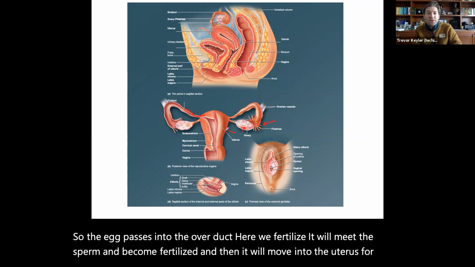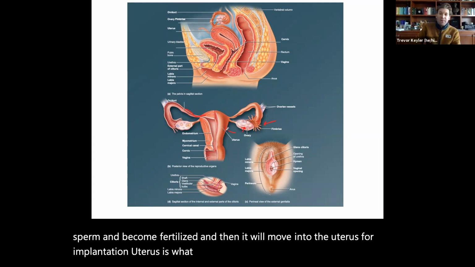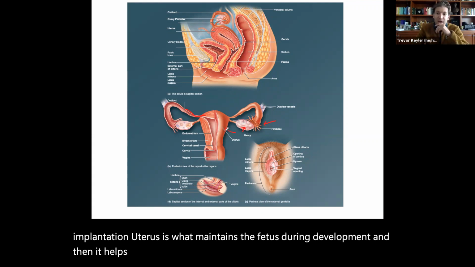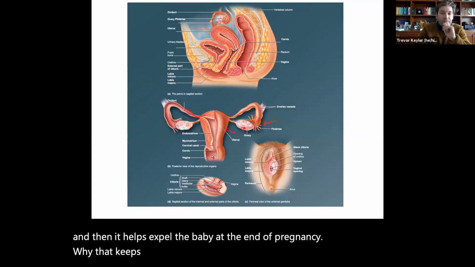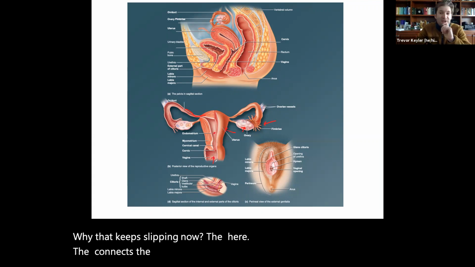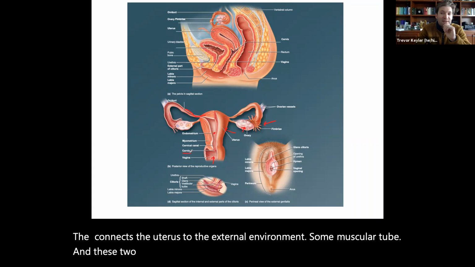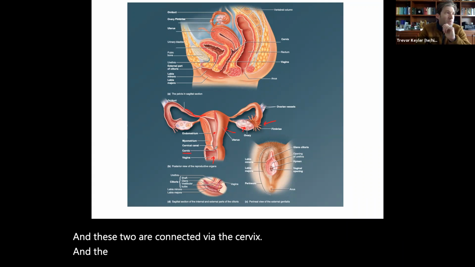So the uterus is what maintains the fetus during development, and then it helps expel the baby at the end of pregnancy. Now, the vagina connects the uterus to the external environment. It's a muscular tube, and these two are connected via the cervix. Okay. And the opening in the cervix we call the cervical canal.